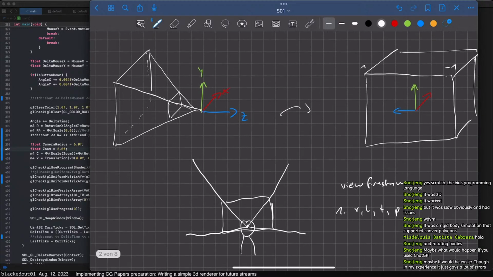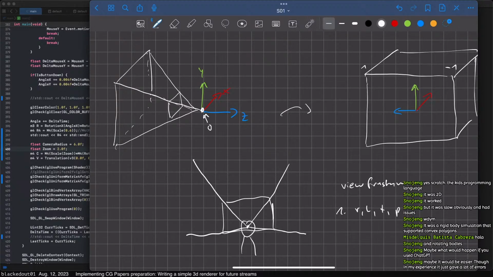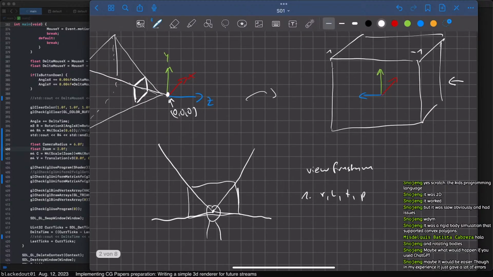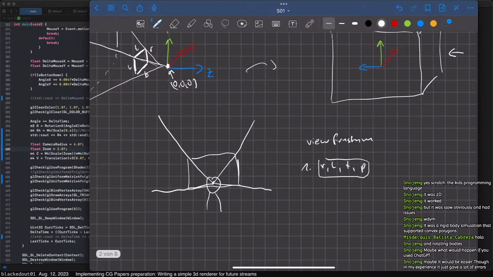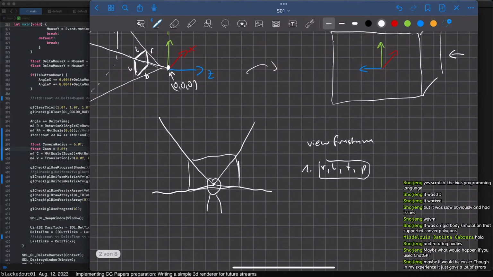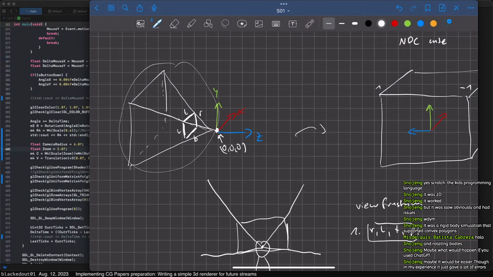You assume that this point is your origin, 0, 0, 0, and then you define the position of the edges of your computer screen, for example, with these variables here. So the right would be here, the top would be here, the bottom would be here, the left would be here.